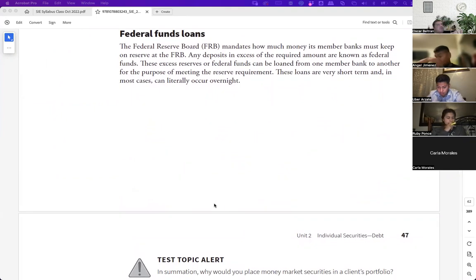All right, so here we're talking about the federal funds loans. You're definitely going to have to memorize these different types of loans, and it'll definitely come up on the exam.